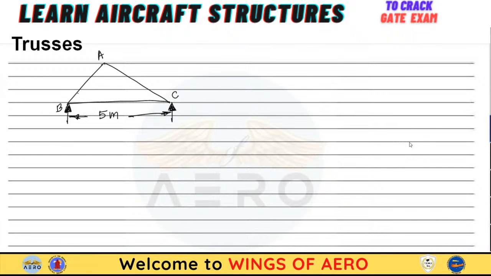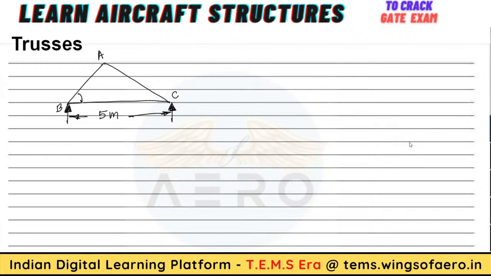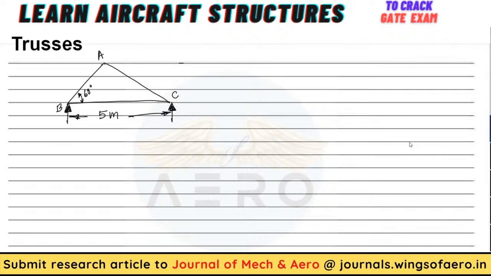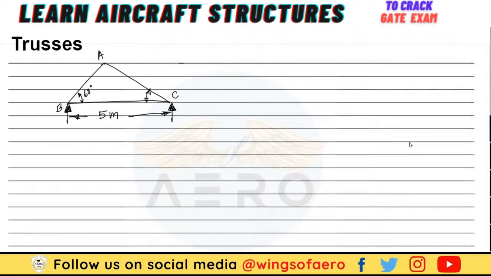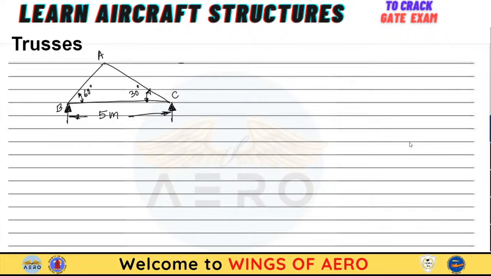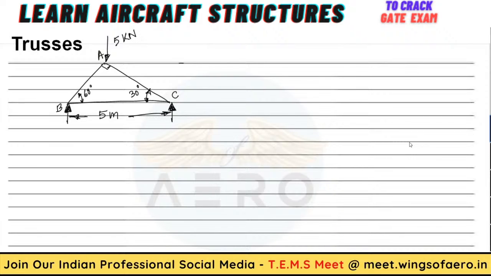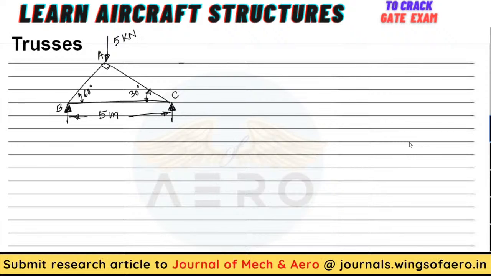The angle subtended between A and B, they have given the angle. Suppose they have not given the angle, they should give you the height or something else. Here they have given 60. The angle subtended between BC and CA is 30. So this is a right angle. And at the point A, they have given 5 kilonewton.